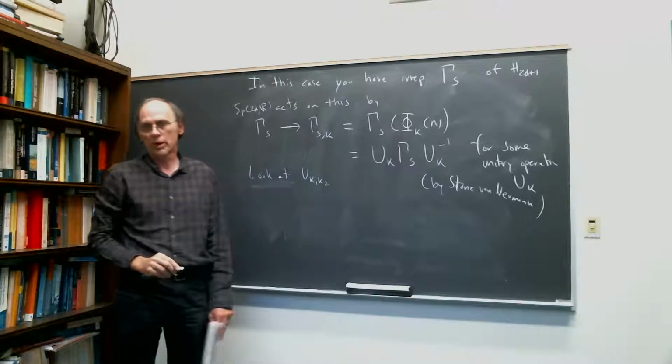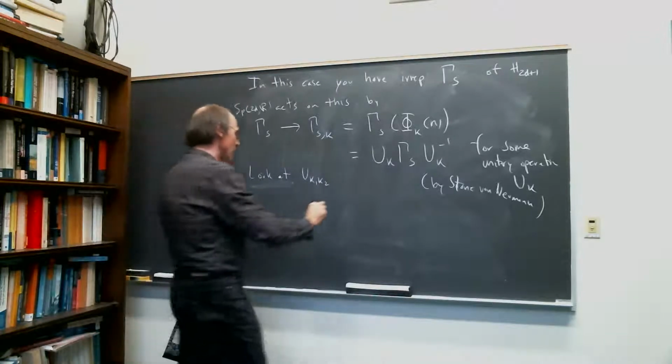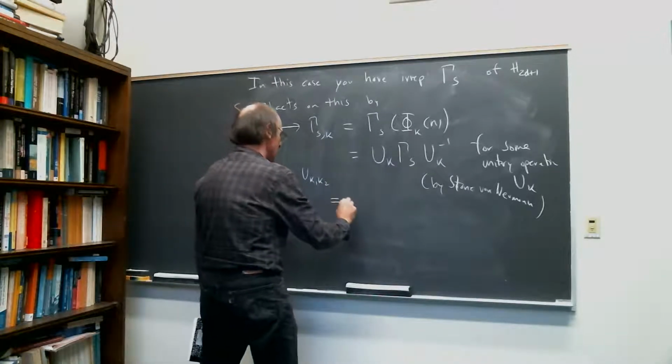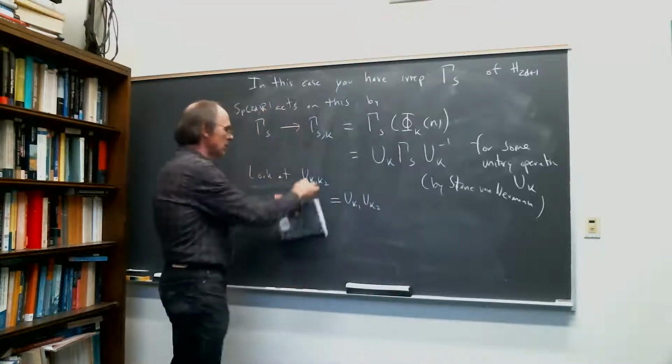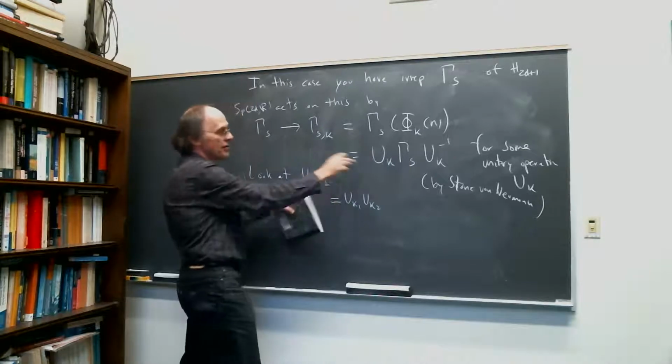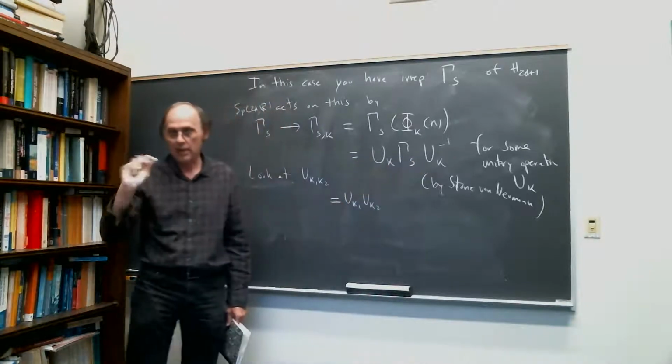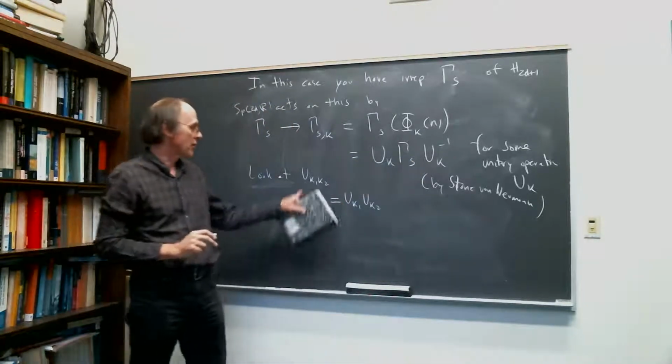What happens if you multiply two k's? You find that it's equal to U_{k1} U_{k2}. Clearly, if this is true, then it's going to preserve this property, so your unitary operators are going to be nice.